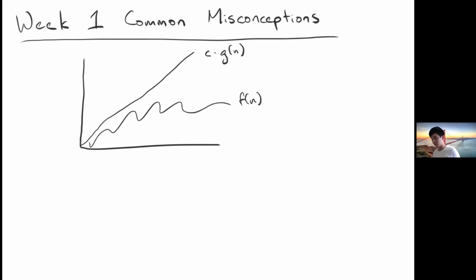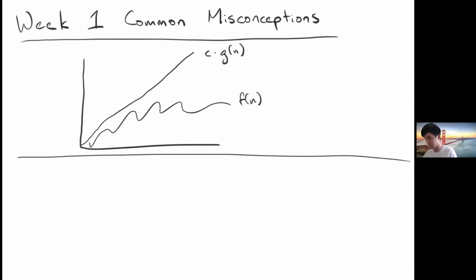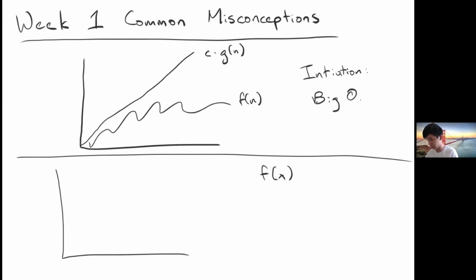This is sort of separate, but it's how you might intuitively think of big O notation. Let's take a look at an example. What if we take f of n to be 1 plus sine of n?